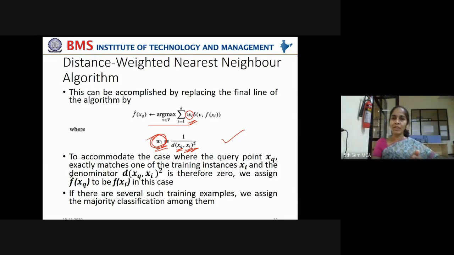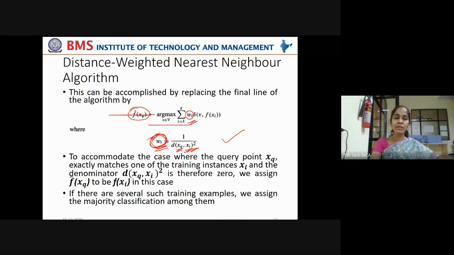Reciprocal of lesser distance means more weight. So nearest neighbors will be given more weight. So that will obviously increase the nearest neighbors' weight, and that can be approximated as the new instance's prediction.